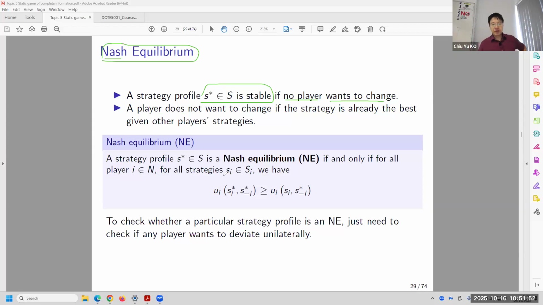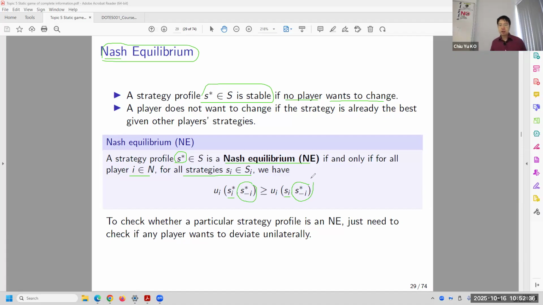So the definition is like this: a strategy profile, which means everyone picks a strategy, is a Nash equilibrium if for each player, for all other strategies, the equilibrium strategy with the star is better than the other one, by thinking the other guy is not changing. The other guy is still keeping his star strategy. Everyone holding the star strategy, you need to check whether a player wants to go away from that.